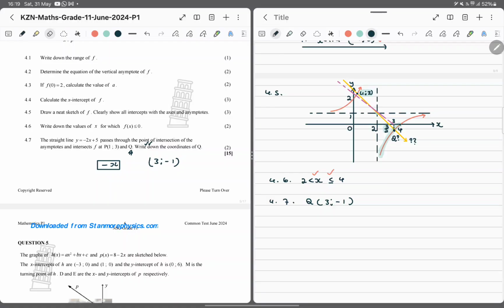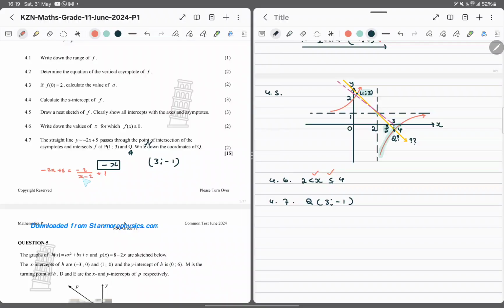All right. Yeah, but there's something about this. But then let's just do the long job here, which is boring. So we know that minus 2x plus 5 must be equal to minus 2 over x minus 2 plus 1.